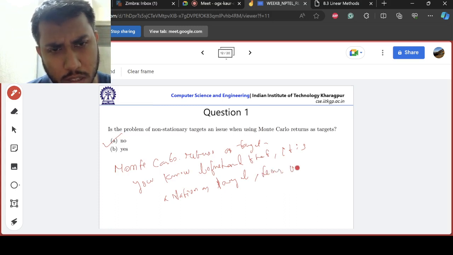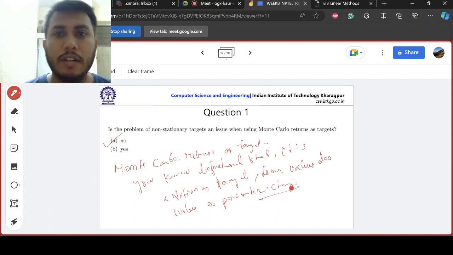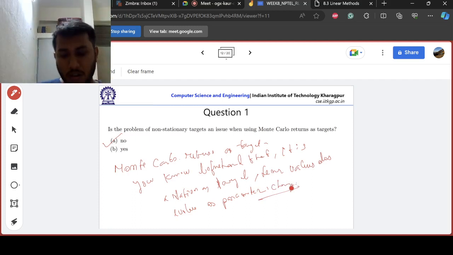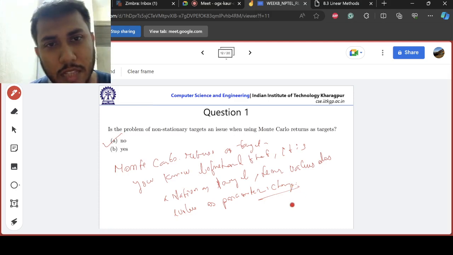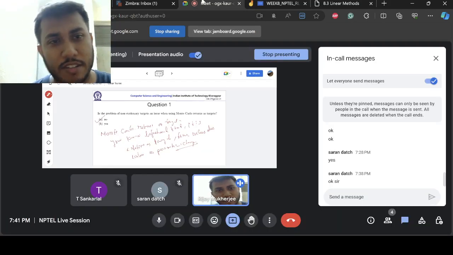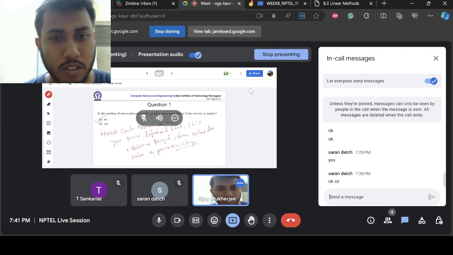Hence, values do not evolve as parameters change. Right. So when you are using Monte Carlo, you know very well from the beginning that the targets are stationary. So that's not a problem.